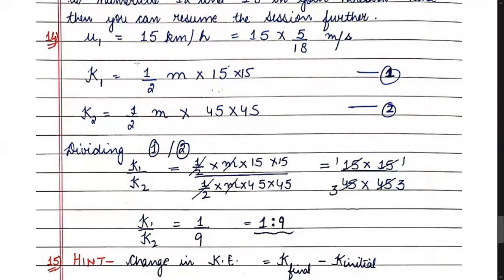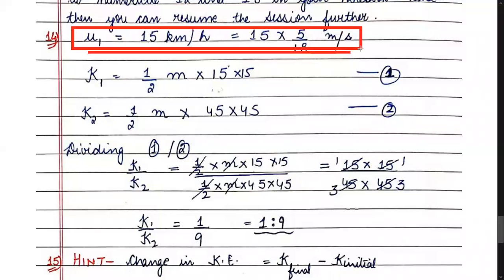No need to convert kilometer per hour, but if they are asking, this is the way you convert kilometer per hour into meter per second. So kilometer per hour can be written as 5/18 times meter per second. Though it is not required, I have just mentioned it to make you remember the way we used to do it.